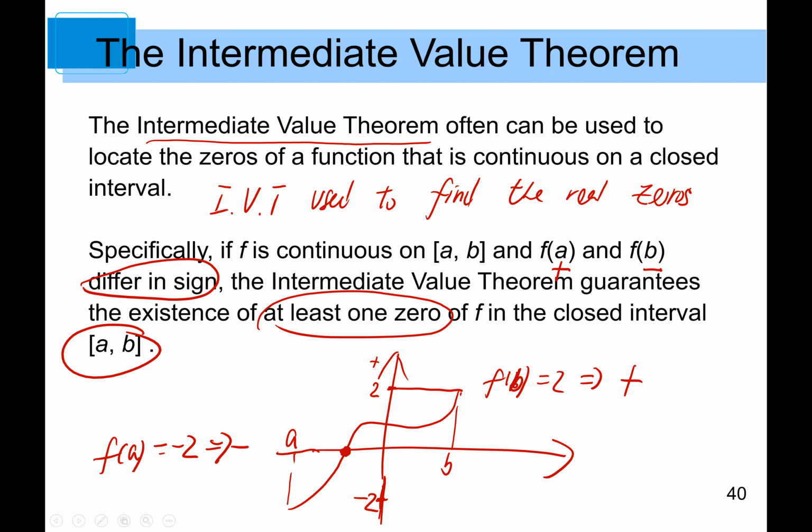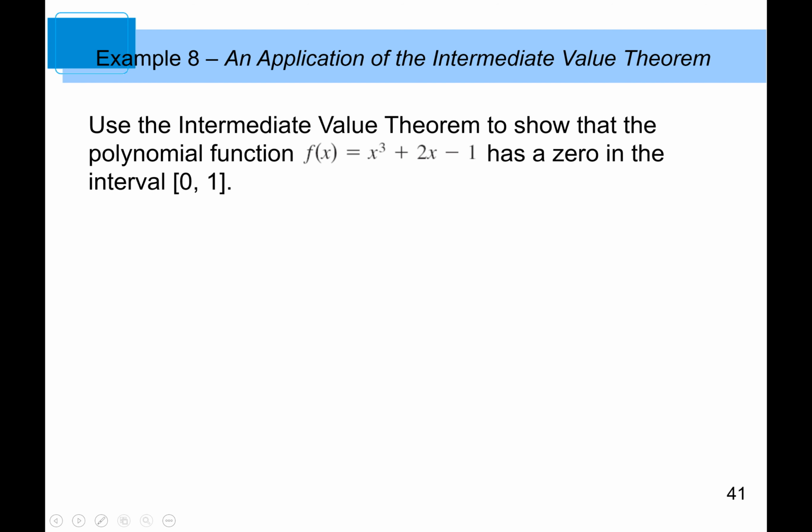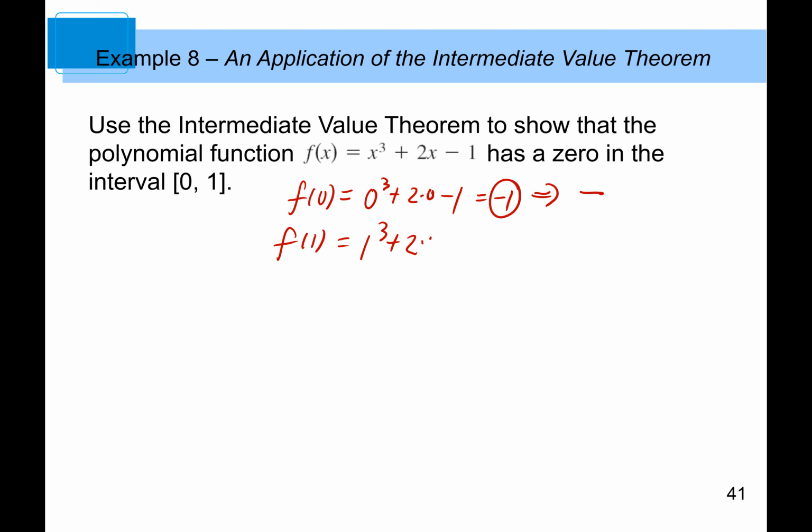So let's use the intermediate value theorem to show that the polynomial function f of x equals x cubed plus 2x minus 1 has a zero in the interval [0, 1]. First of all, we just have to figure out what f(0) is. f(0) equals 0 cubed plus 2 times 0 minus 1, which turns out to be negative 1. So that's negative, right? f(1) equals 1 cubed plus 2 times 1 minus 1, which is 2.